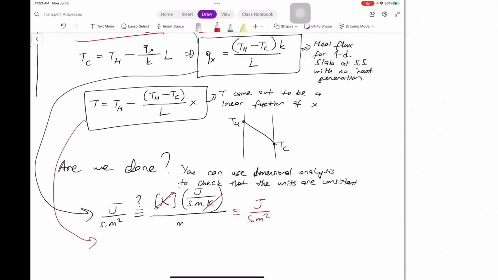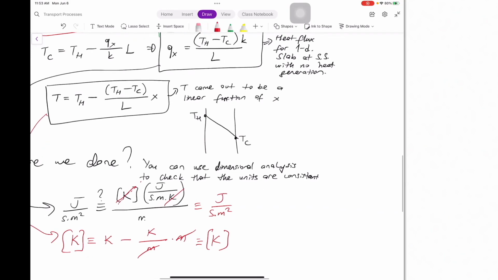You have the Kelvin on one side. You have Kelvin minus Kelvin divided by meter times meter. Meters cancel. Kelvin minus Kelvin is Kelvin. So you have the same units on both sides. Okay, so that makes sense too.